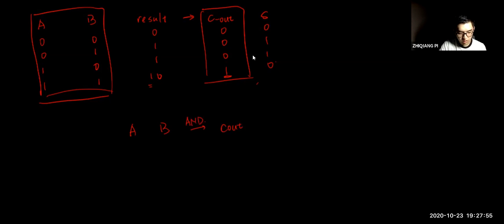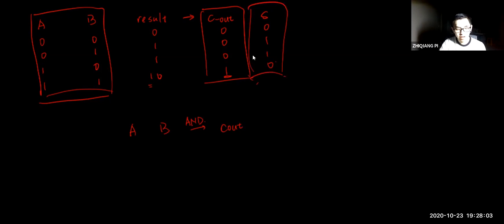Now what about the sum? Taking this column, we can see that sum is 1 when either A or B is 1, but not both. And that is a characteristic of the XOR gate. So we can get from A and B to sum with an XOR gate.